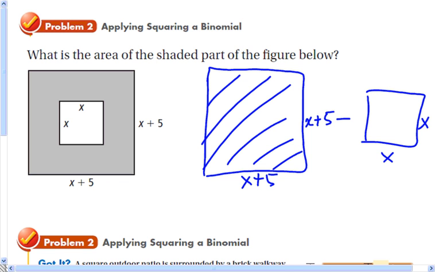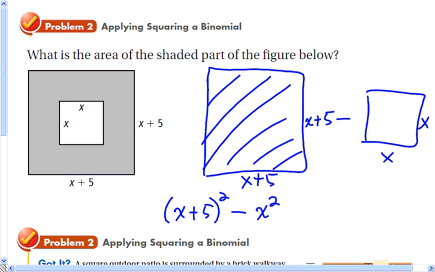So what we really have to do here is square this binomial to get the area of the large square, then square the side length of the smaller square to get that area and subtract the two.